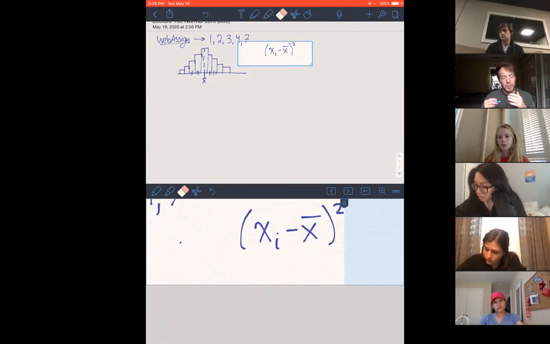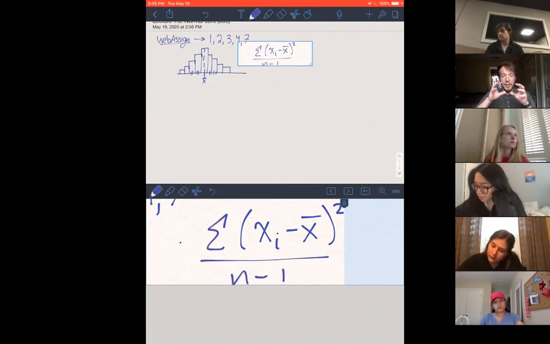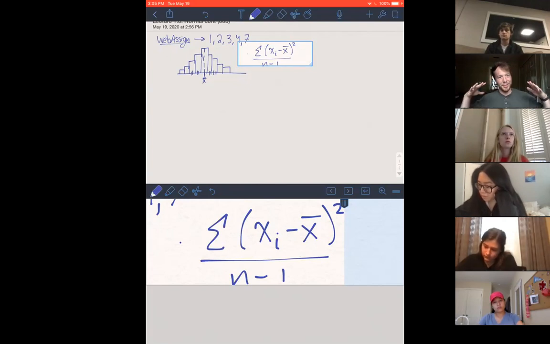The intuition is that this standard deviation calculation should be pretty big if all of our x values are really far apart from one another, away from the mean, and kind of small if they're all close to the mean. So the standard deviation is just a way for us to describe numerically this idea of fat versus skinny distributions.